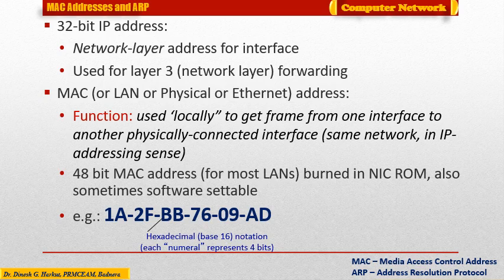A link layer address is variously called a LAN address, a physical address, or more popularly a MAC address. For most LANs, including Ethernet and 802.11 wireless LANs, the MAC address is 6 bytes long, giving 2 raised to 48 possible MAC addresses.